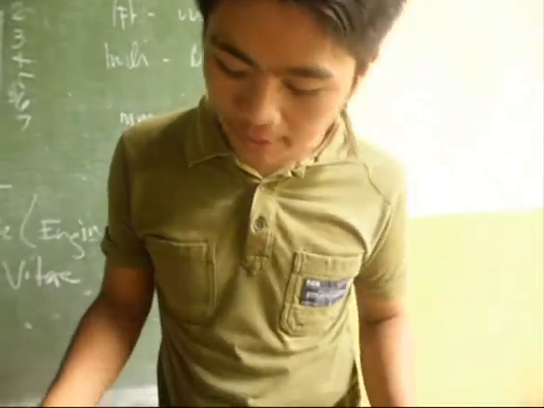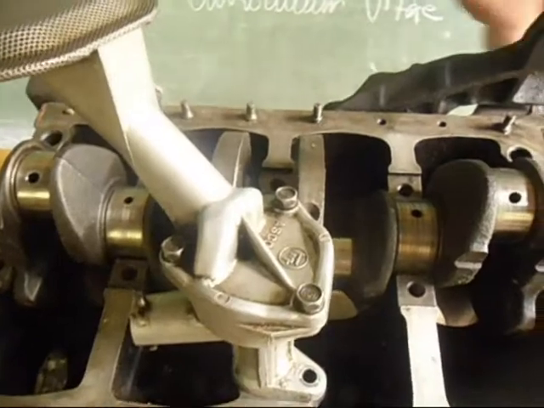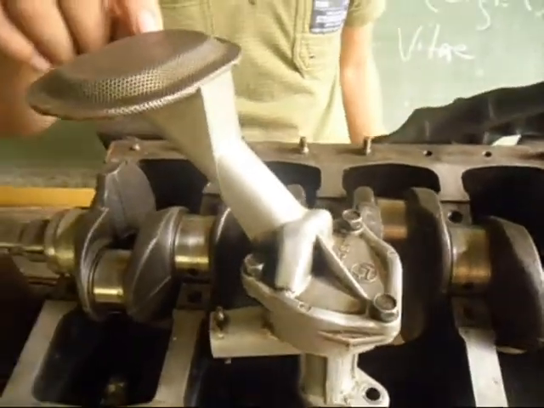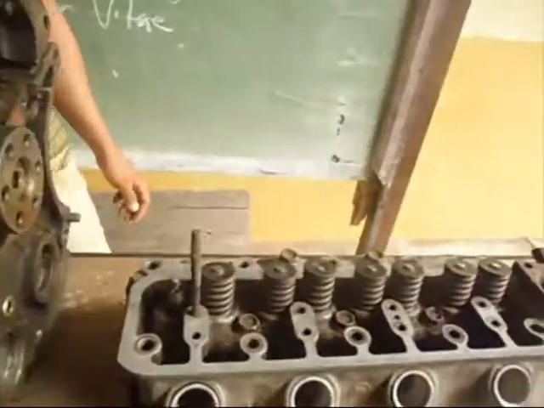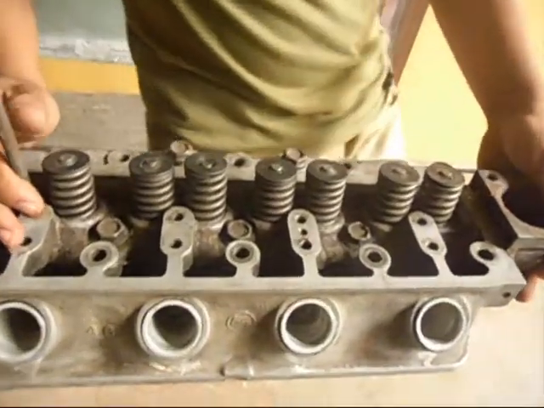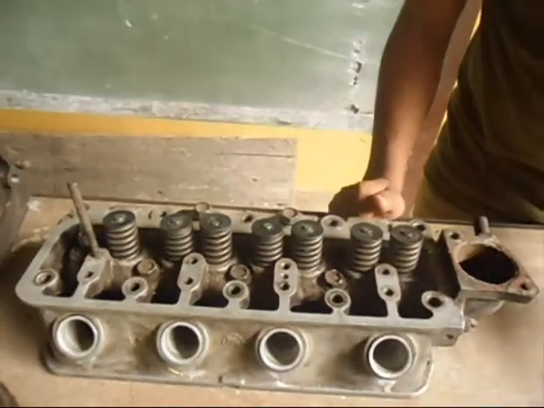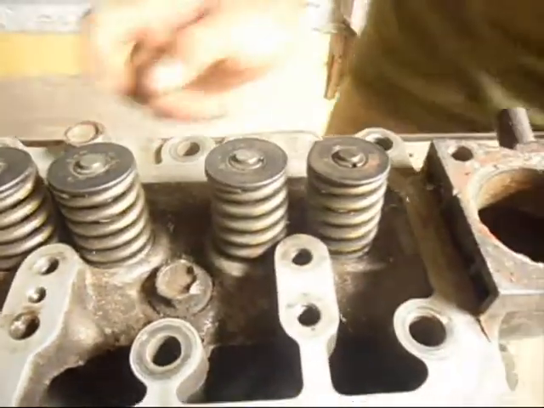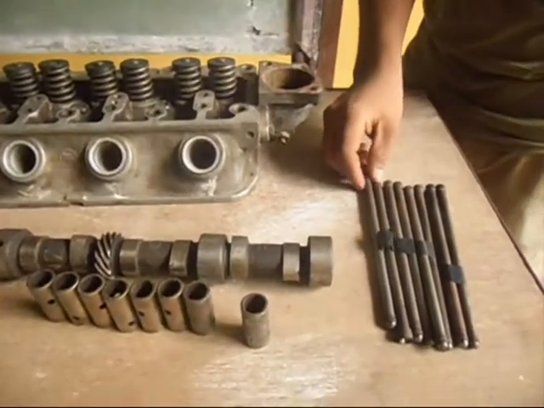First, for the cylinder block, we install the crankshaft and the oil strainer. And for the cylinder head, we place the valve train. This is the valve tappet and push rod.